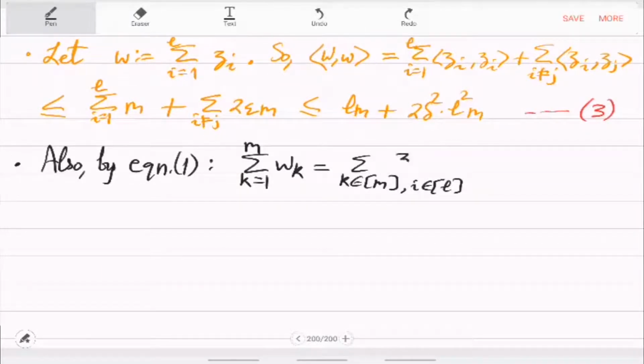So Zki, Ik, sum over all the Zik's, that will be by equation 1 at least, what was it, 2 delta m times L. Okay, you can think of it as equation 4.